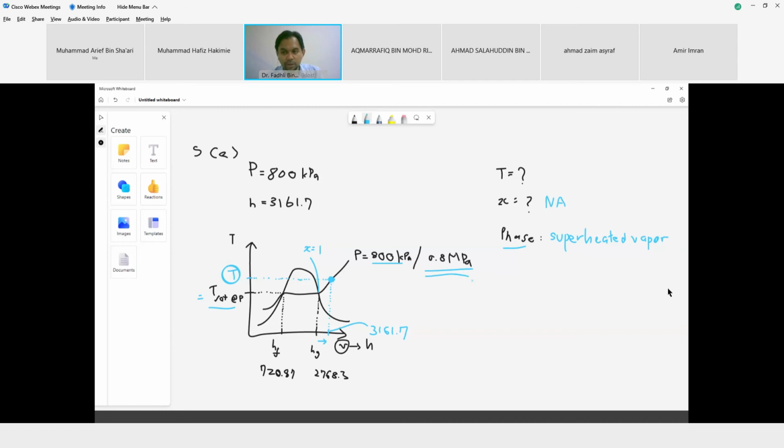If you can find it, okay. If you cannot, tell me. Have you found it? Table 0.8 megapascal. Okay. Now you are in the column of 0.8 megapascal. In this column, there is a list of values for specific volume, internal energy, enthalpy, and specific entropy.